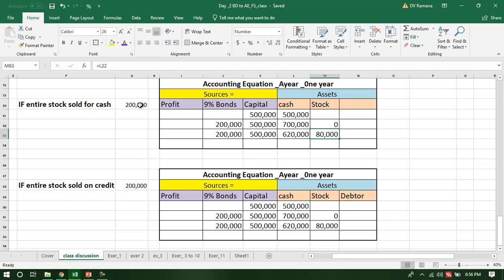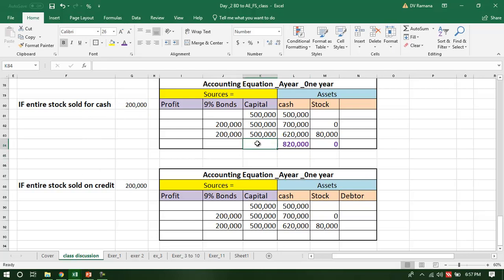Let us see if the stock is sold for cash. If the stock is sold for cash, stock will become zero because the entire stock is out. And since the sale is for cash, cash will increase to the extent of 200,000.